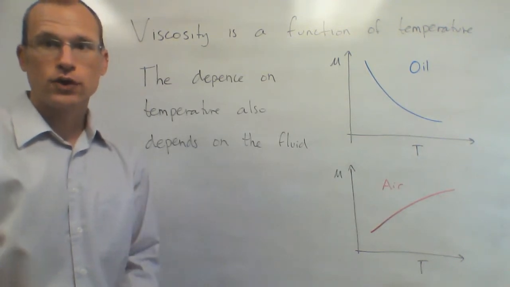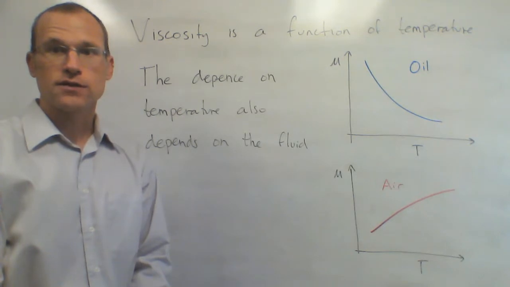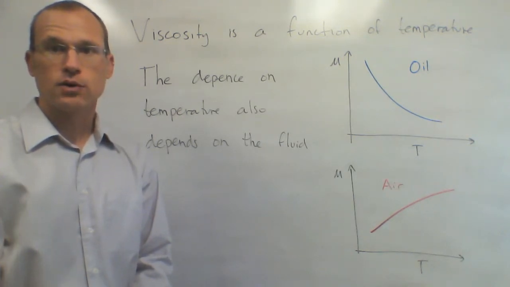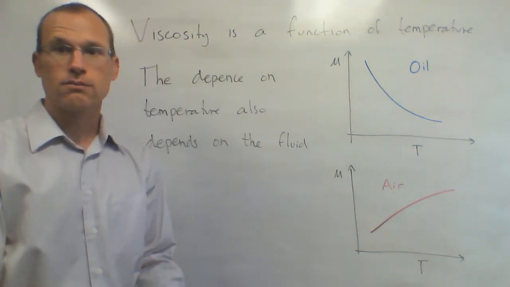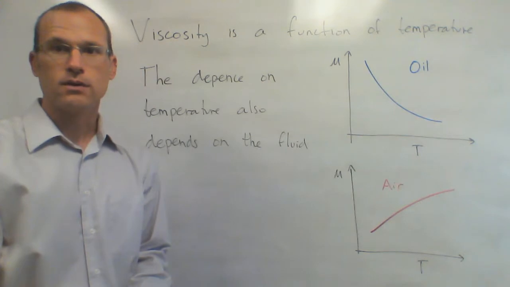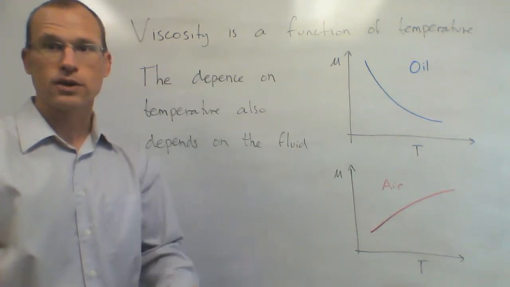So in general, for fluids, viscosity is a function of temperature. So as the temperature changes, viscosity changes as well. That's why in the oil example we had before for your car, 10W30 means that there are basically two different types of oil, viscosity of 10, viscosity of 30.